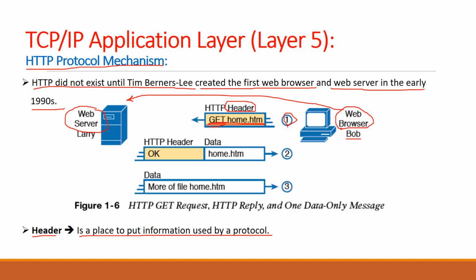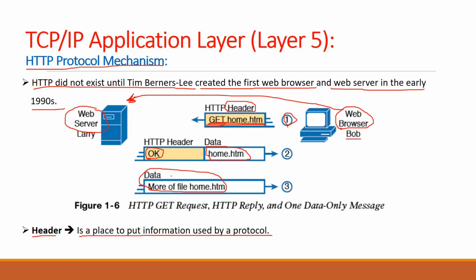So once Bob sends the request from the web browser to the web server, and the request is received by the web server Larry, the web server will start in step 2 to respond back with a message containing OK in its HTTP header, and the data is sent in steps, or not in one part, but in parts.